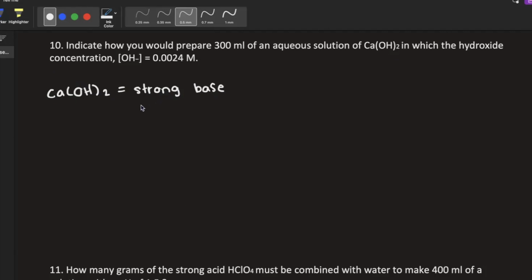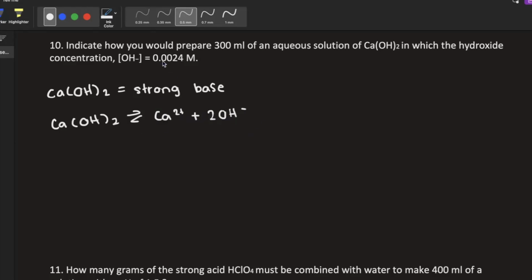The next thing we're going to do is write out the equation. So Ca(OH)2 is going to give us Ca2+ plus 2OH negative. So the stoichiometry here is 1-to-2.